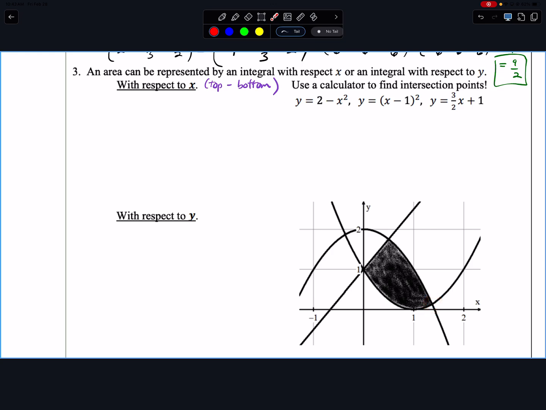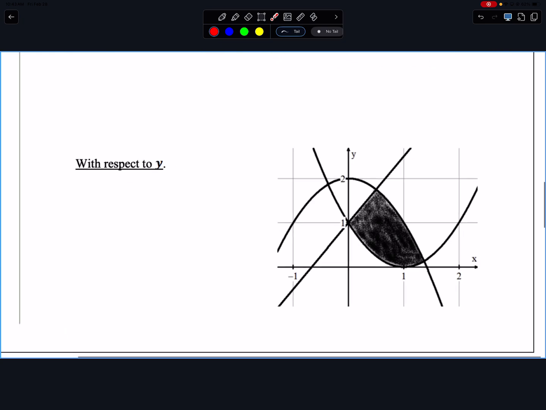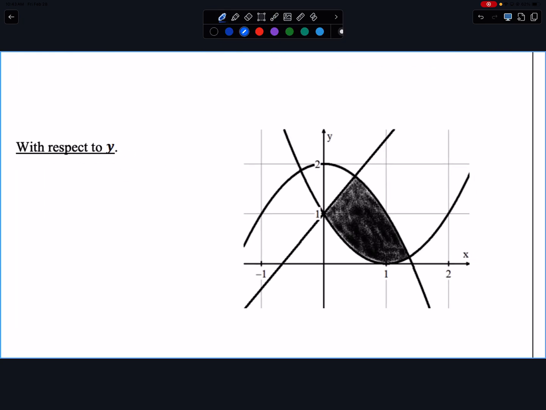Okay, I'm going to save us time because I already did it. I'm going to just give you guys the point so we don't spend 30 minutes doing this. So this point right here, let's label these. This point right here is 0, 1. This point right here is 0.5, 1.75, and this all comes from your calculator.